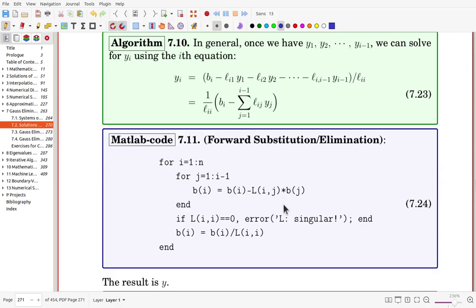Here the input is b, and we are using the same array, subtracting and then dividing by Lii. So in output, b is the solution y. You can implement this forward substitution along with some factorized form, but here I implemented it in detail, pointwise.